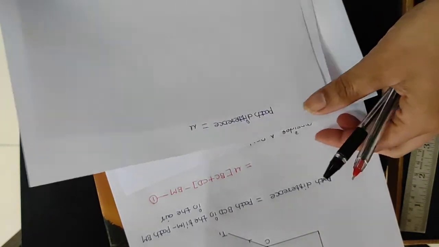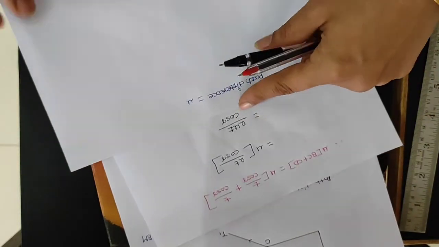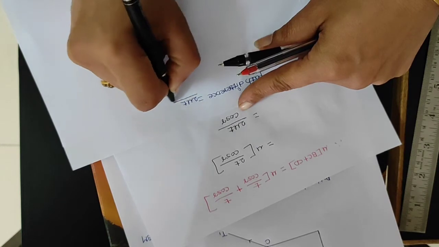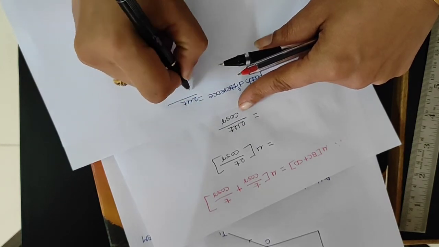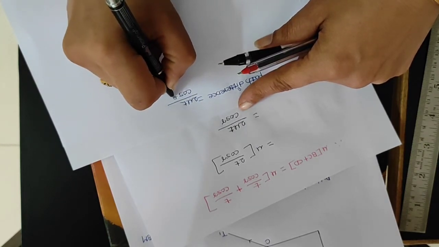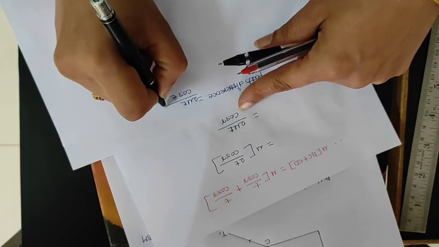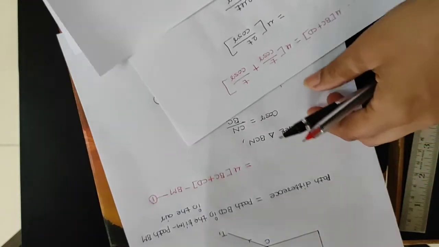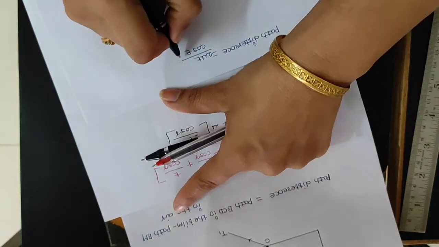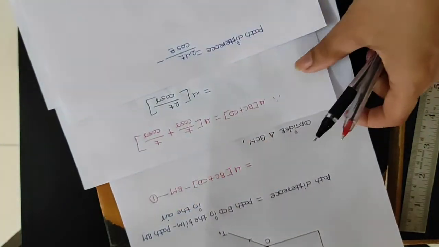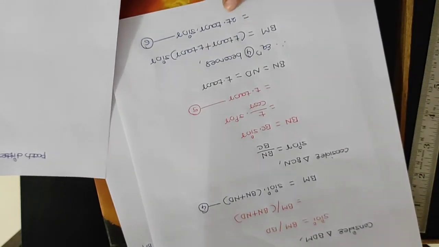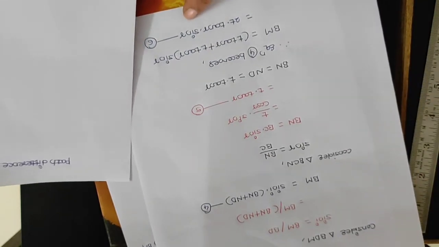So here directly we can put 2 mu t divided by cos r, minus, now here we have to put the value of BM, that is 2t tan r into sin i.